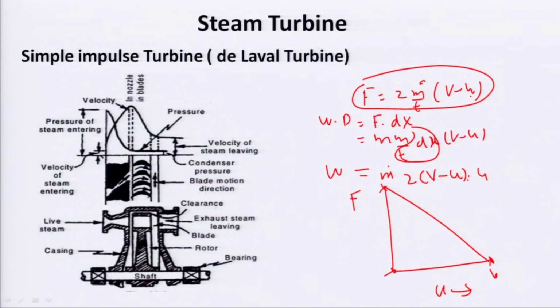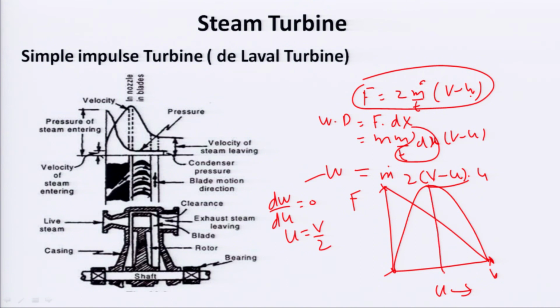When u is equal to v, then this term is going to be 0, again the work is going to be 0. So, work is somewhere between, this is maximum, and when we differentiate this with respect to u and put it to 0, we will find that at u equal to v by 2, work is going to be maximum. So, variation of work is going to be like this, and this is going to be maximum at v by 2.